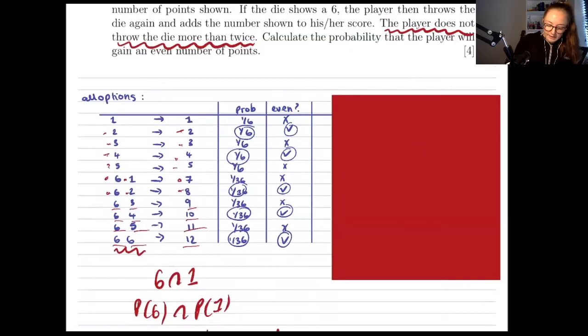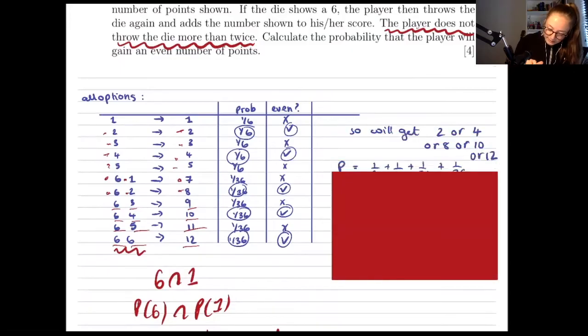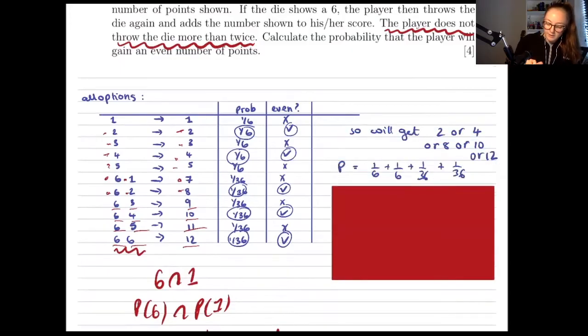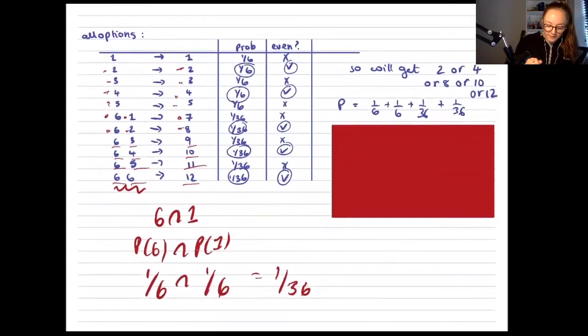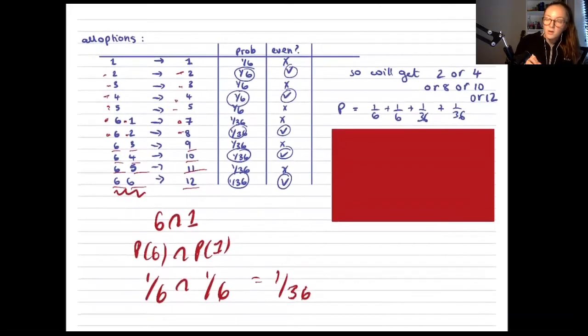So it was asking what the probability that the player will gain an even number of points is. So what we're saying is the probability of getting an even number is the probability of getting a 2 or 4 or an 8 or a 10 or a 12.